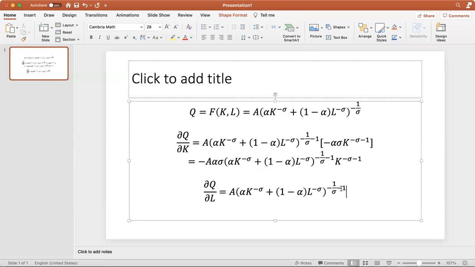Now, in this case, we will treat capital as constant. Since K is constant, you'll just have to tackle this second function.